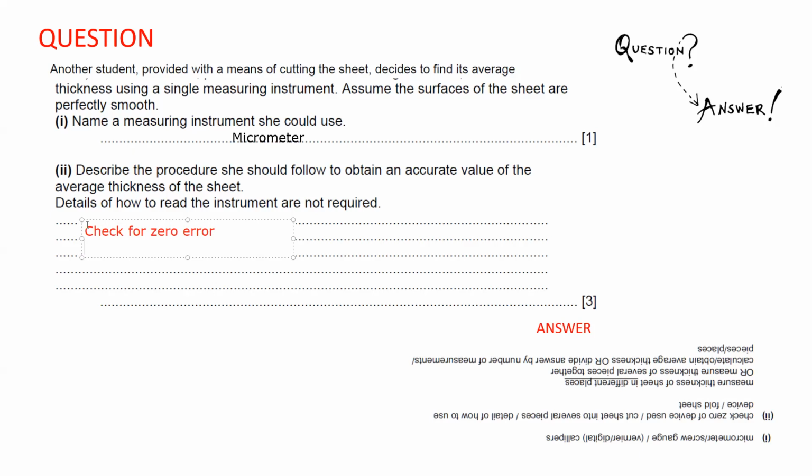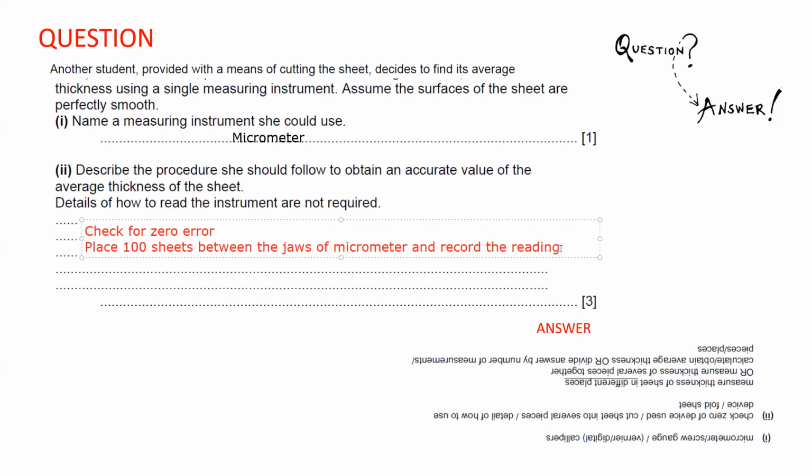What she can do is place 100 sheets between the jaws of the micrometer and record the reading. But we don't have to mention how the readings are taken. We just have to mention the experimental procedure. So place 100 sheets between the jaws of the micrometer and record the reading.